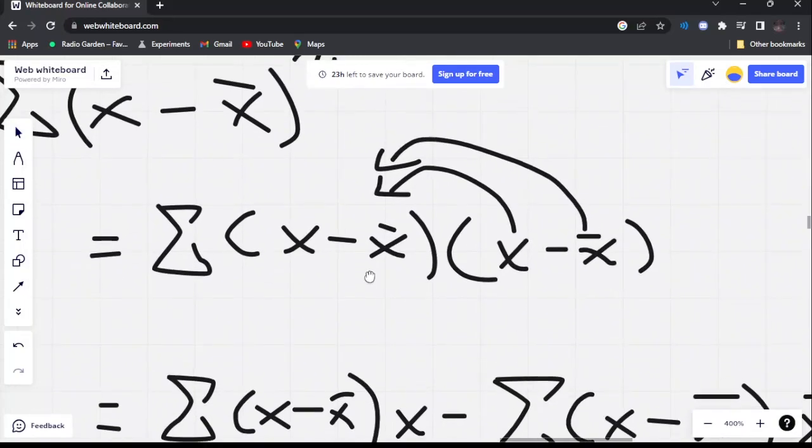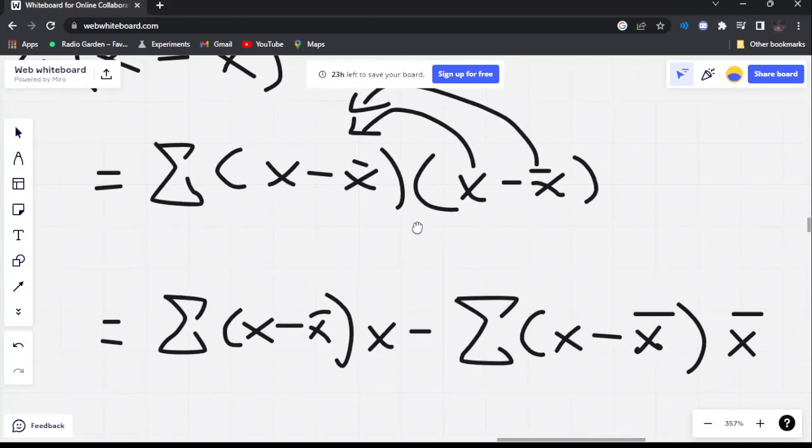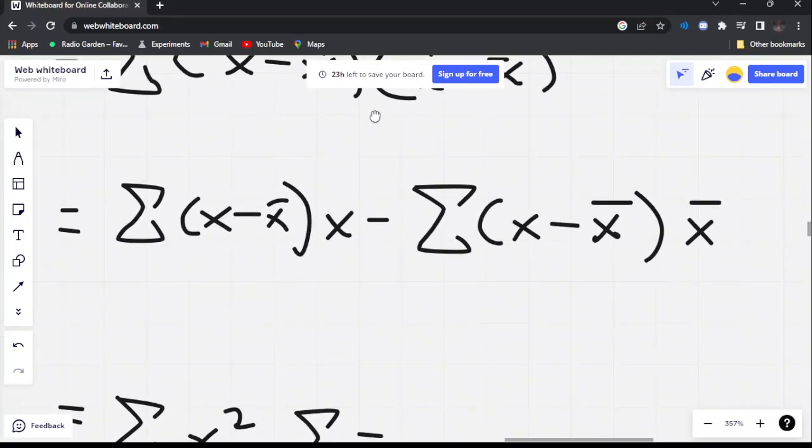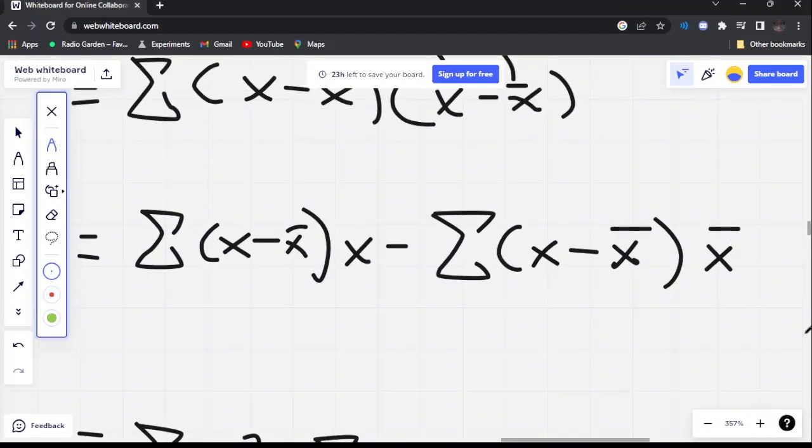And it would now look like this. Now, we then need to distribute our x to the summation of x minus x bar. So it would now look like this.